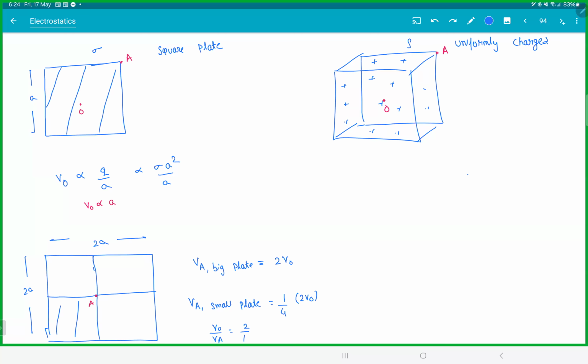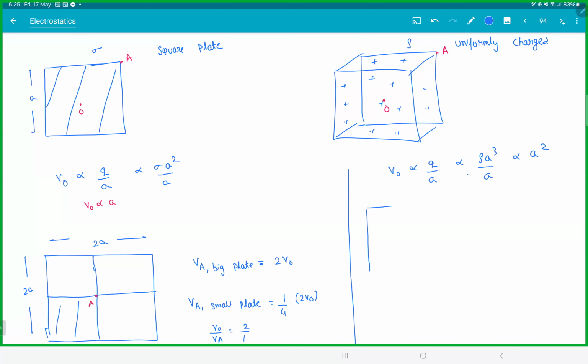See, the idea is the same. So even for a cube, the potential V naught is proportional to Q by A. Q is proportional to rho into A cube by A. So proportional to A square.